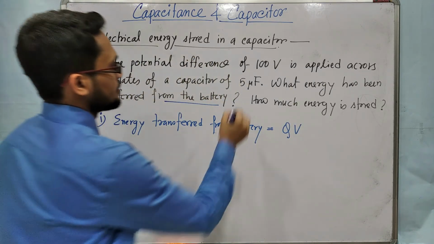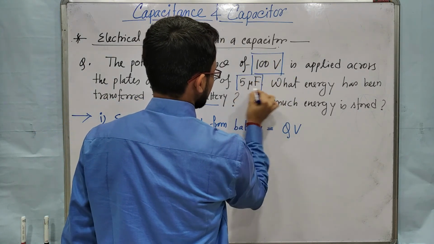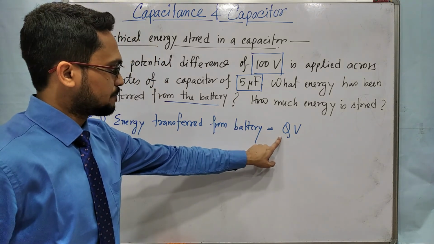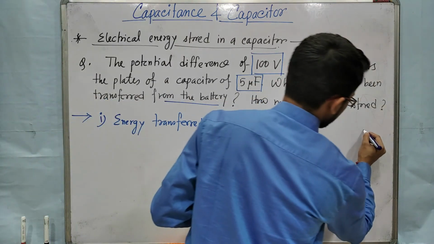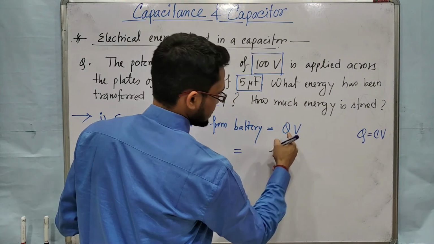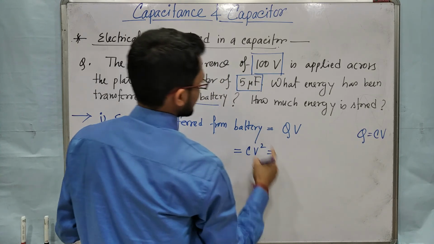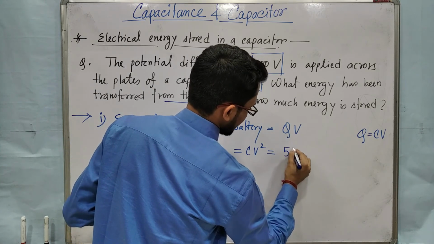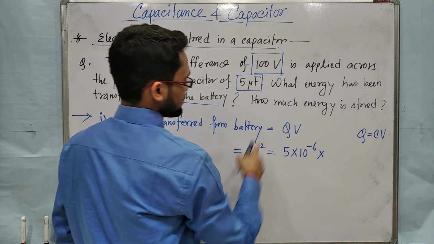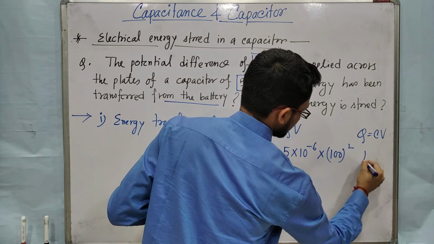Now here V is given, Q is not given, but C, the capacitance, is given. So we have to replace this Q using the equation Q equal to C into V. In place of Q, put C into V, so C into V square. Now C equal to what? 5 microfarad means 5 into 10 to the power minus 6 farad, into V square means 100 square, in joule.